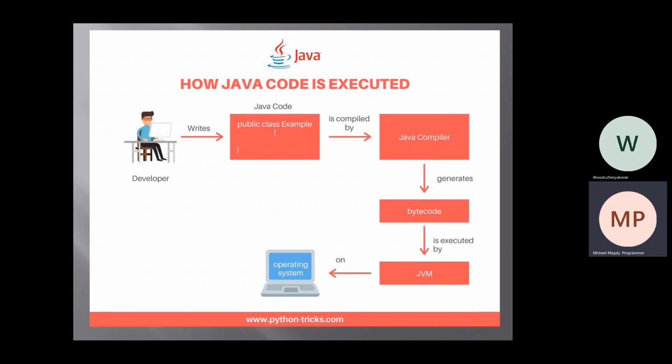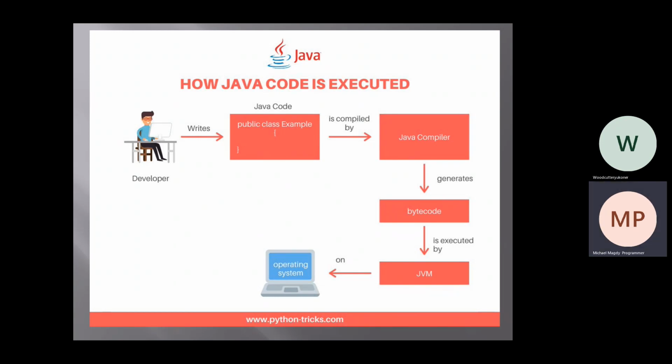If it has errors, it will give the programmer a compile time error. It will tell the programmer, hey, you made a mistake on this line of code. You made a typo, or you forgot something. The Java compiler will tell the programmer if he made a mistake in his own source code.